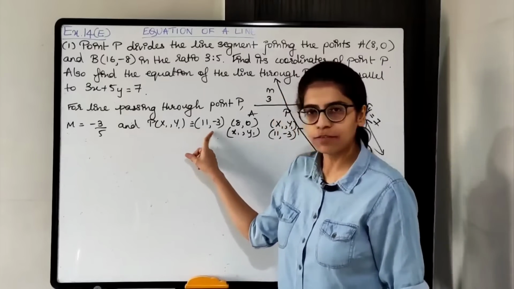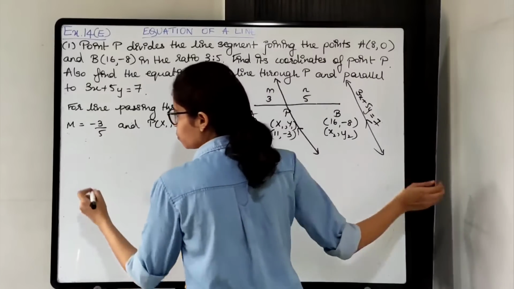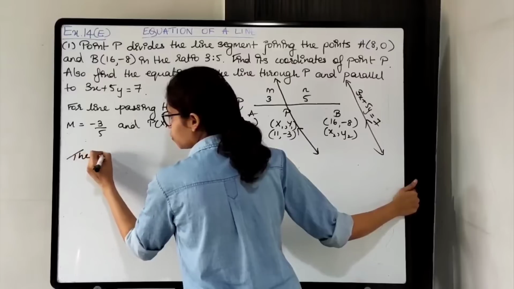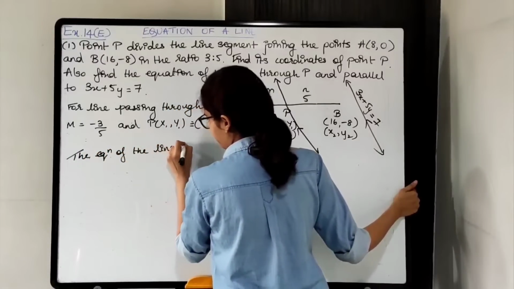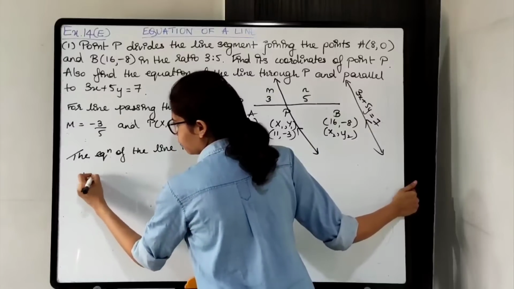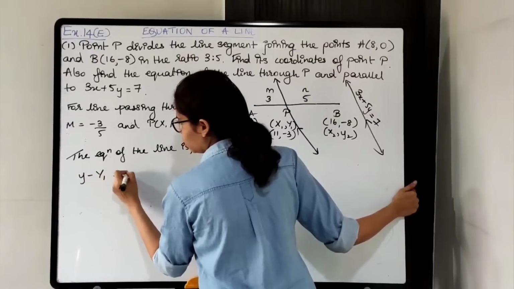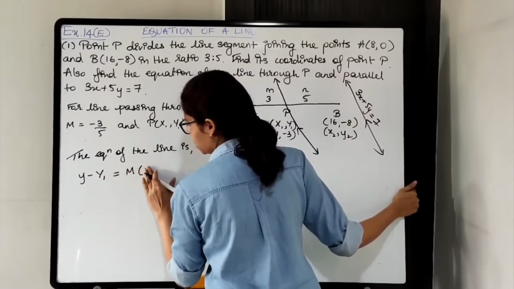So we have the coordinates, we have slope, so use the formula for the equation. The equation of the line is y minus y1 is equal to m into x minus x1.